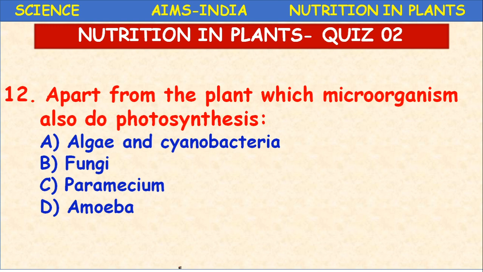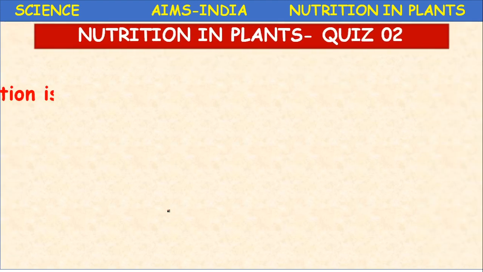What is cyanobacteria? Cyanobacteria is nothing but blue-green algae. Here the remaining organisms are heterotrophs: fungi, paramecium and amoeba. So the right option is A, algae and cyanobacteria. Blue-green algae.